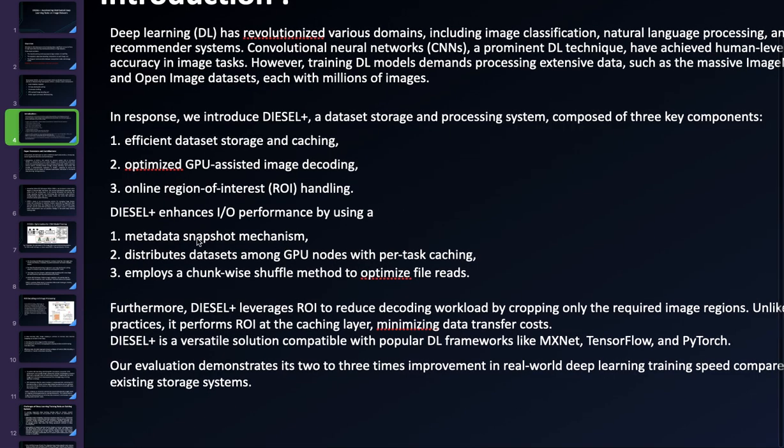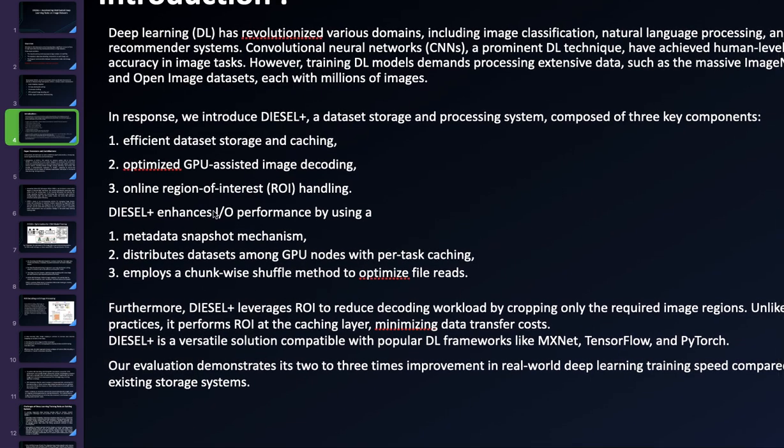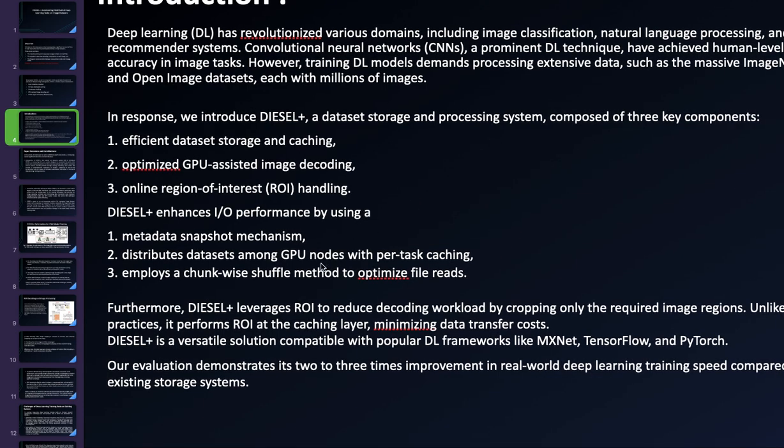Diesel Plus enhances input-output performance by using a metadata snapshot mechanism, distributing datasets among GPU nodes with per-task caching, and employing a chunk-wise shuffle method to optimize file reads. By using these mechanisms, they increase input-output efficiency in machine learning tasks.